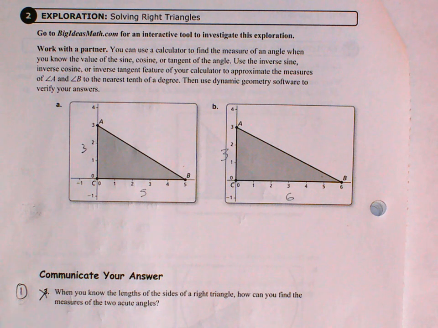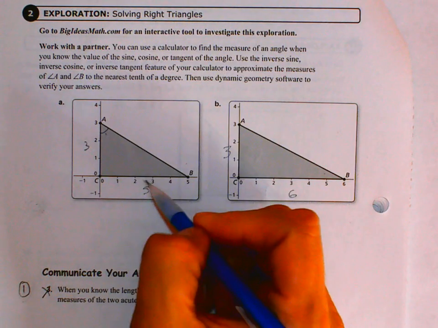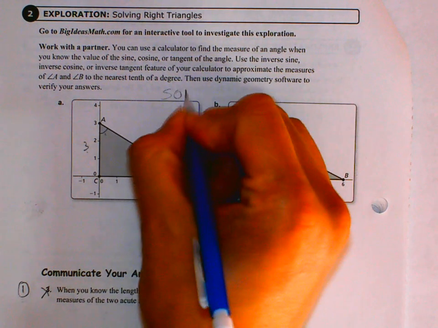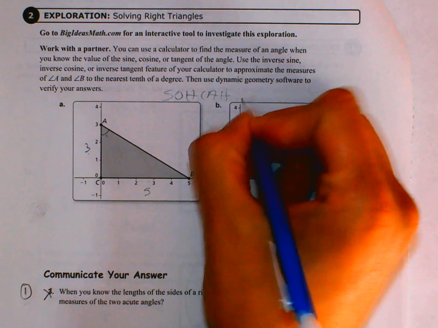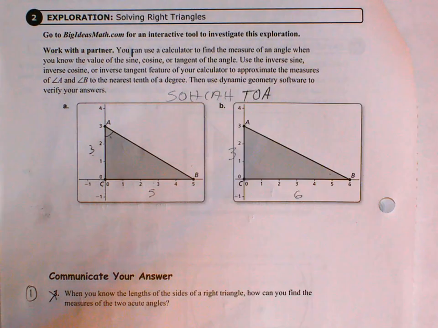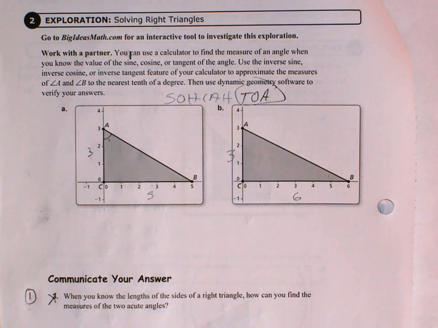Now, pick an angle. I'm going to pick A in this case. I know the opposite and the adjacent. So out of the 3 trigonometric ratios that we learned, which one uses the opposite and the adjacent? Tangent. So we're going to use tangent.